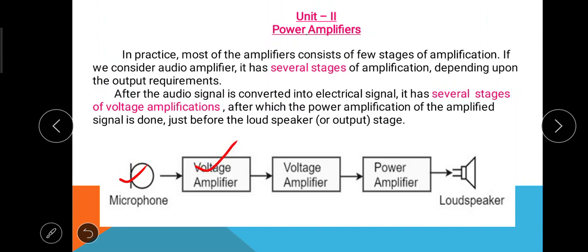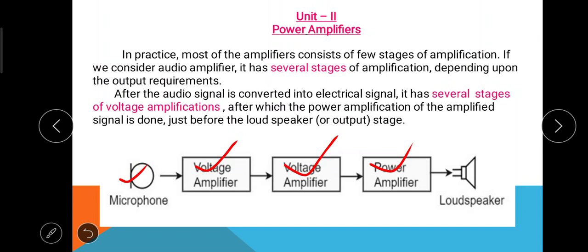Then its output is connected to the input of the next voltage amplifier. We can say here two stages of voltage amplification are used, because a single stage is insufficient to amplify to the required level. That's why a second voltage amplifier is used. Later on, its output is connected to the next amplifier, which is the power amplifier.